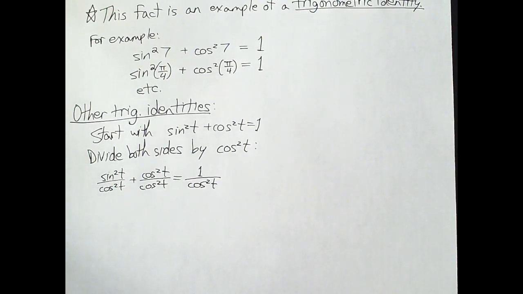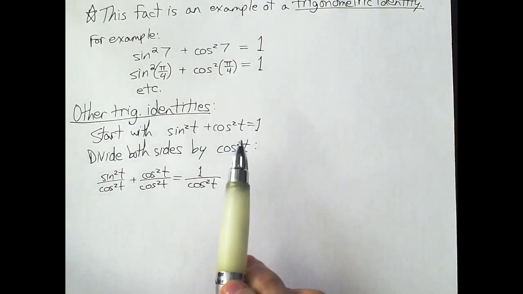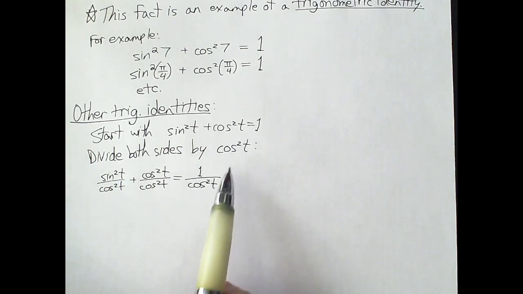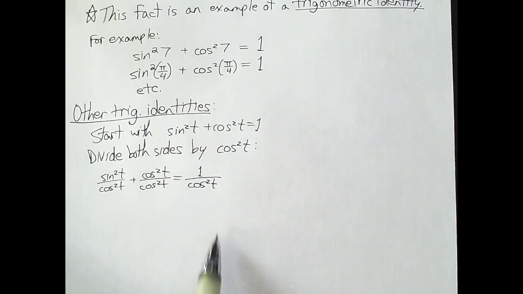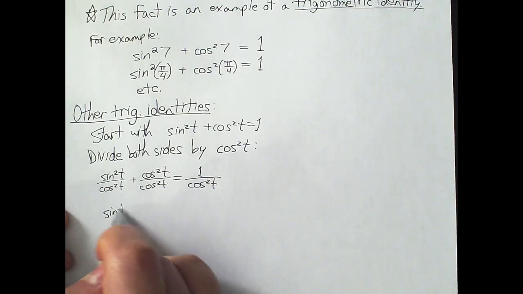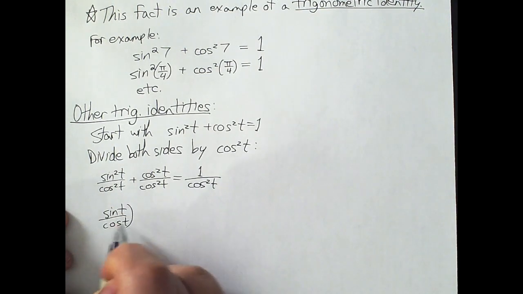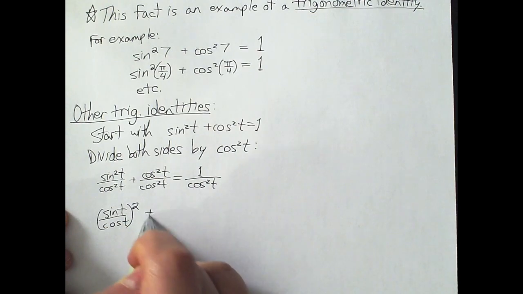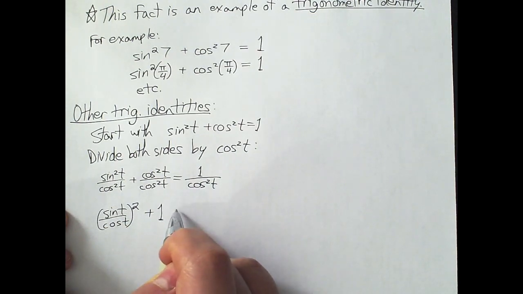What we're trying to do is start with a trig identity, do some kind of step to it, and it's going to give us some new trig identity after we simplify it. So this simplifies to sine t over cosine t squared. This simplifies to 1.